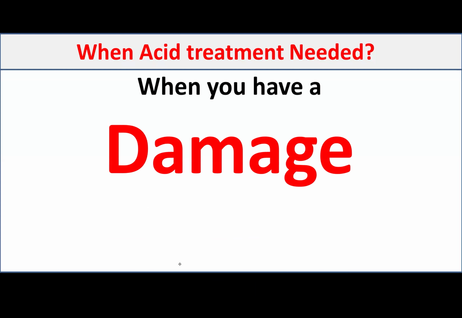We don't use acid just to increase production without knowing what's happening downhole. Acid is always connected to some sort of damage that I need to remove. By removing this damage, I will be able to restore or slightly increase the permeability, getting a better improvement in oil and gas production compared to the damaged well before the treatment.